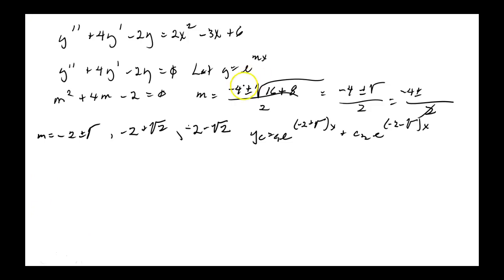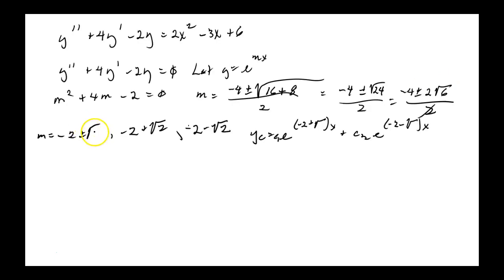So this would be -4 plus or minus the square root of 24 over 2. And you could factor out, again, a 4 there, so it would be 2 root 6. So -2 plus or minus 2 root 6. And I messed those up too. Okay.